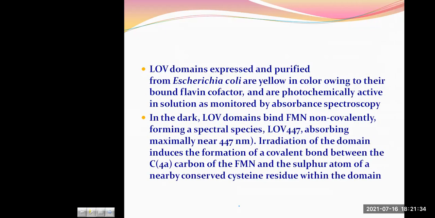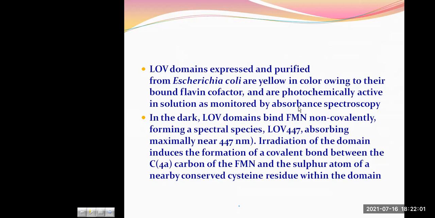And LOV domains, when they are expressed and purified from the bacterium Escherichia coli, E. coli, are yellow in color owing to their bound flavin cofactor, FMN, flavin mononucleotide. They are photochemically active in solution as monitored by absorbance spectroscopy.